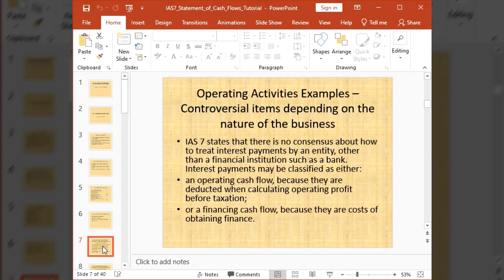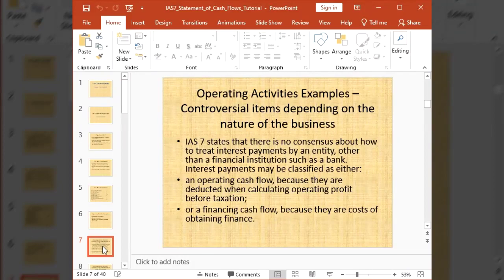On the other hand, if a business entity is a manufacturing organization, there are also operating activities that are peculiar to that entity that is a manufacturing enterprise. Now, let us take an example of what I'm saying.